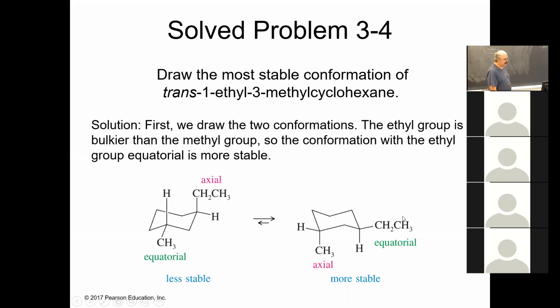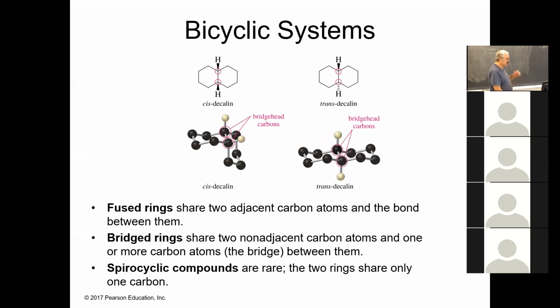So when ethyl is equatorial and methyl is axial, this one is more stable. And this is the preferred equilibrium structure. All right, and then we'll talk about bicyclic systems.